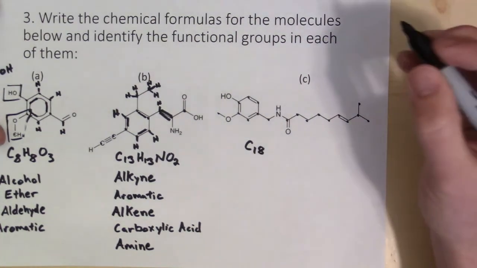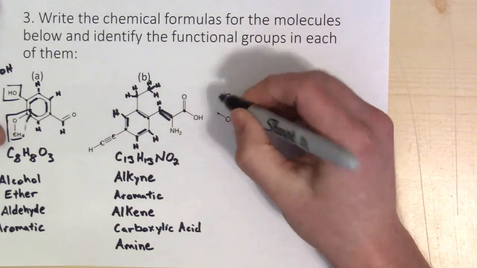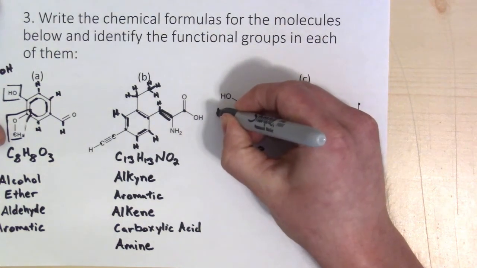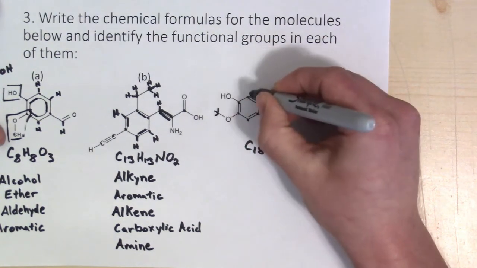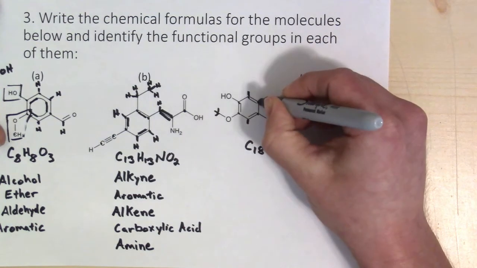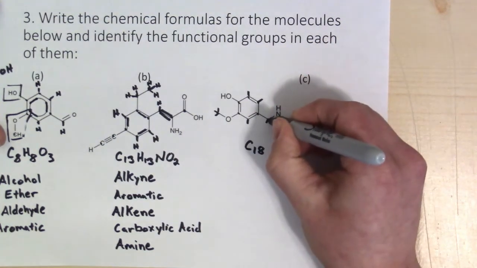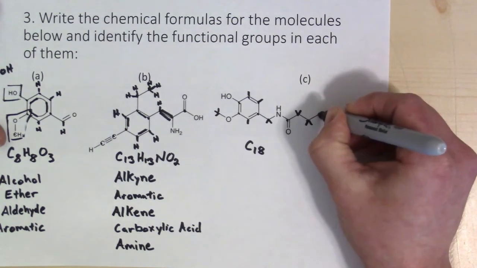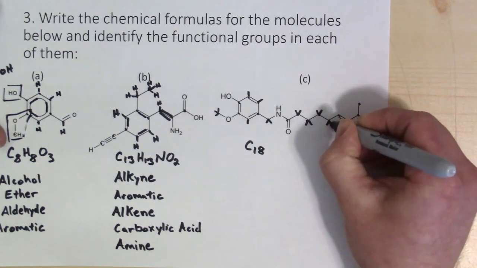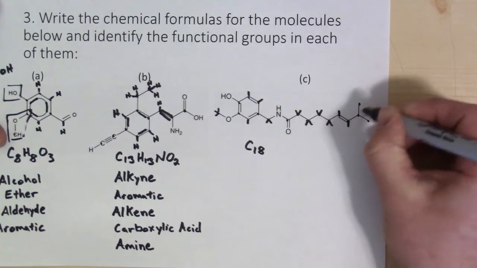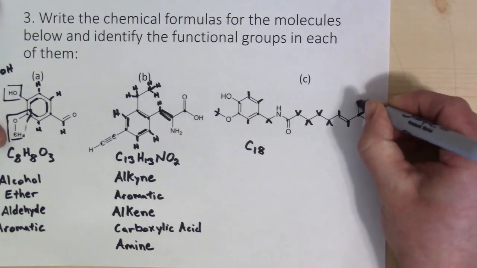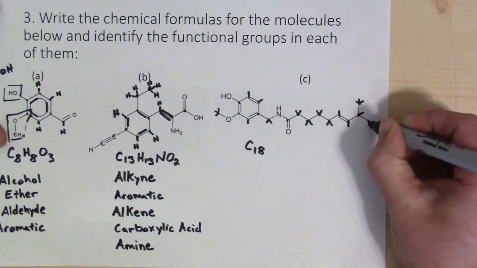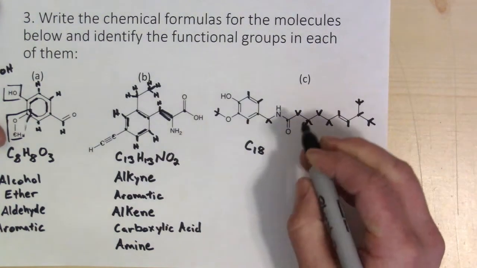We'll count up our hydrogens. So we have 1, 2, 3, 4, 5, 6, 7, 8, 9, 10, 11, 12, 13, 14, 15, 16, 17, 18, 19, 20, 21, 22, 23, 24, 25, 26, 27.